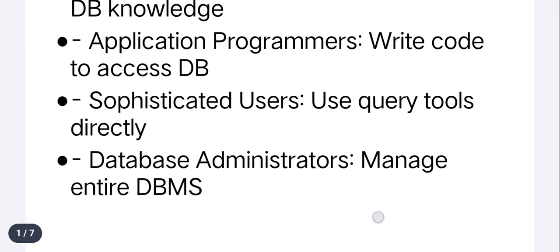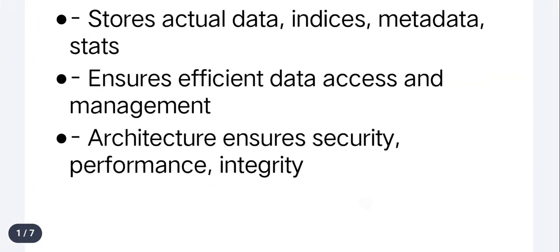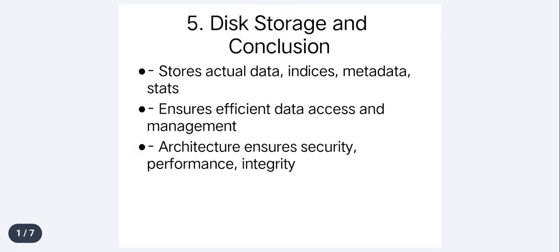And the conclusion of this is that we can store the actual data, indices, metadata, and statistics, ensuring efficient data access and management. The architecture ensures security, performance, and integrity.